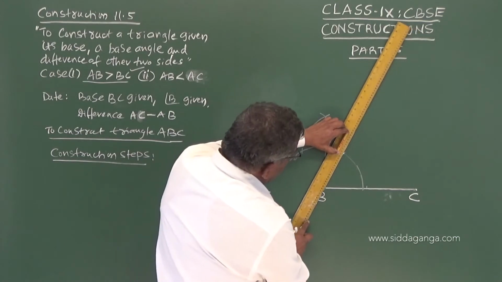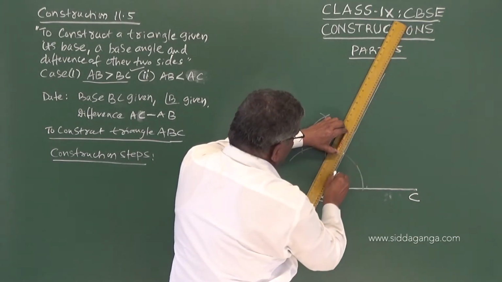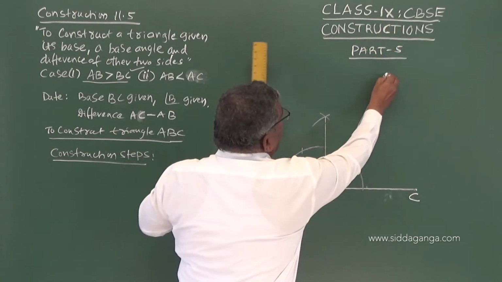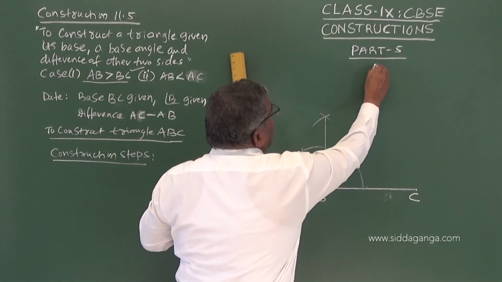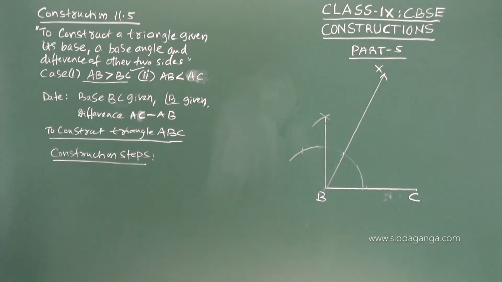Suppose in this example they have asked for 60 degrees, you have to draw a line. Say this is BX, the given angle. Here I have taken it as 60 degrees just for assumption.